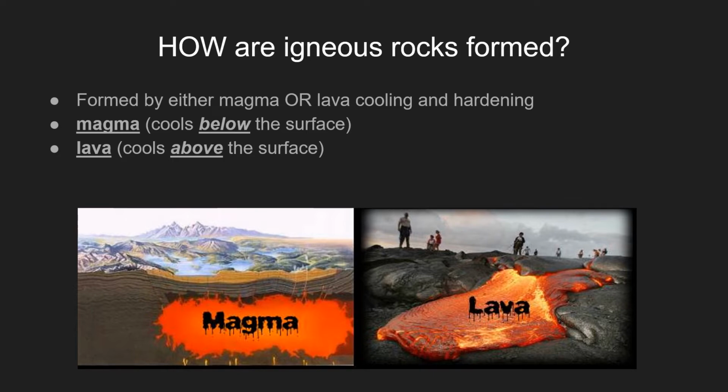It would rise up and get cooler as it was near the surface, but it would cool very, very slowly. Lava, on the other hand, exits the Earth. It comes out of the Earth and it's cooling above the surface, so it's going to cool a lot quicker than magma inside the Earth. So we know igneous rocks are formed from either lava or magma.